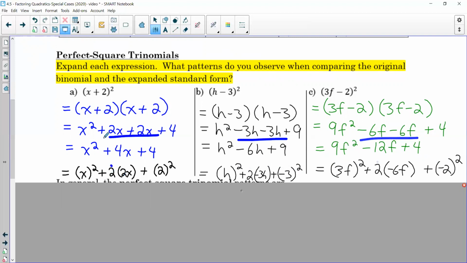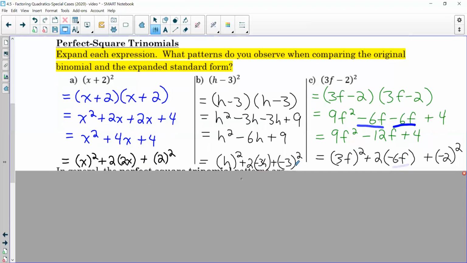Now, since this was a doubling of 2x, we have 2x in there. This is a doubling of negative 3h. This is a doubling of negative 6f. So the sneaky part here, you might be wondering why there are these negatives.